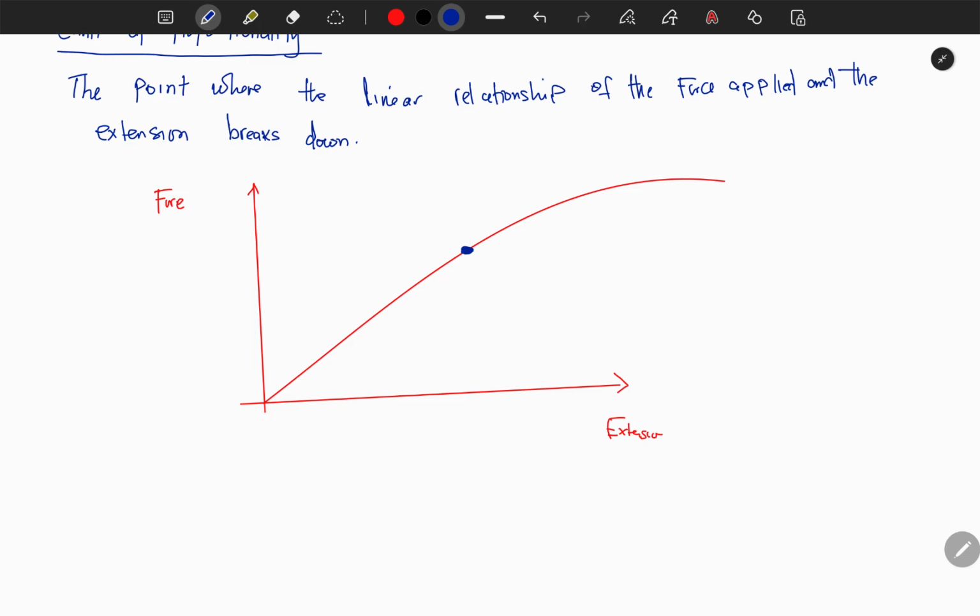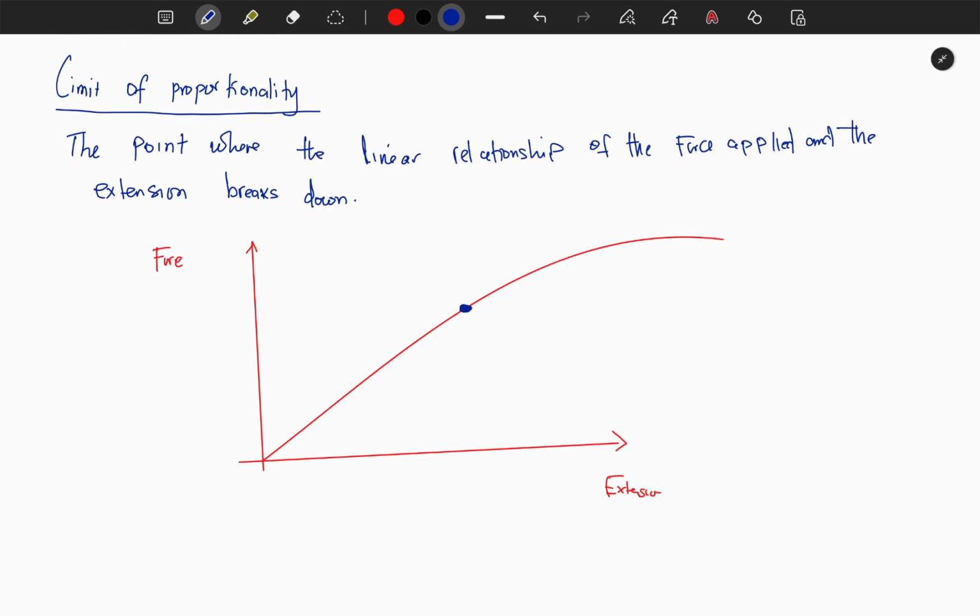is what we're calling the limit of proportionality. Then the elastic limit is after the limit of proportionality. It is beyond the limit of proportionality. It means it is the maximum force or stress the object needs to experience before it is completely deformed. From here it's bending, but here it's worse.